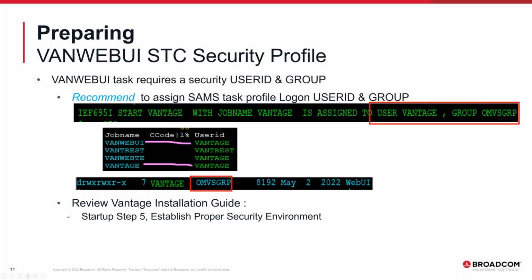So the directory is web UI, and then the user ID is Vantage, which correlates to this Vantage, and the OMVS group correlates to this OMVS group. And if you have any questions, you can always look in the Vantage guide at establishing proper security environment.